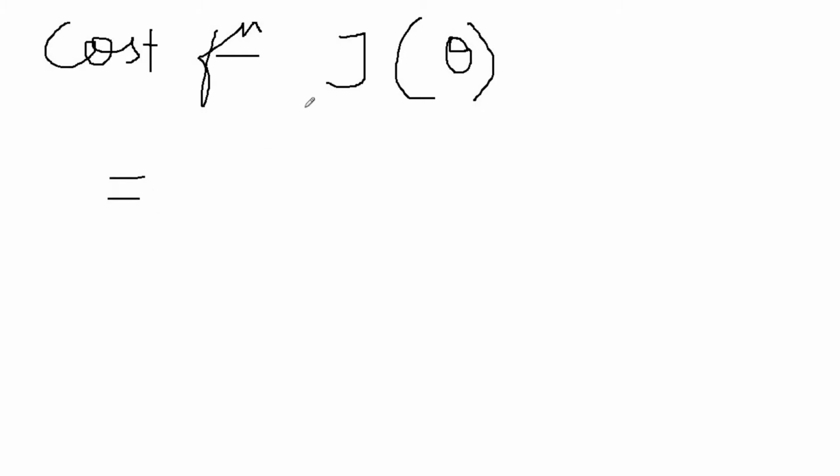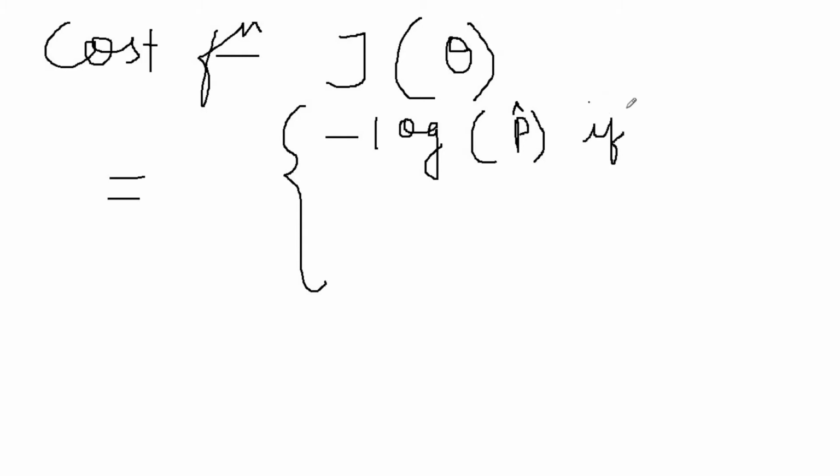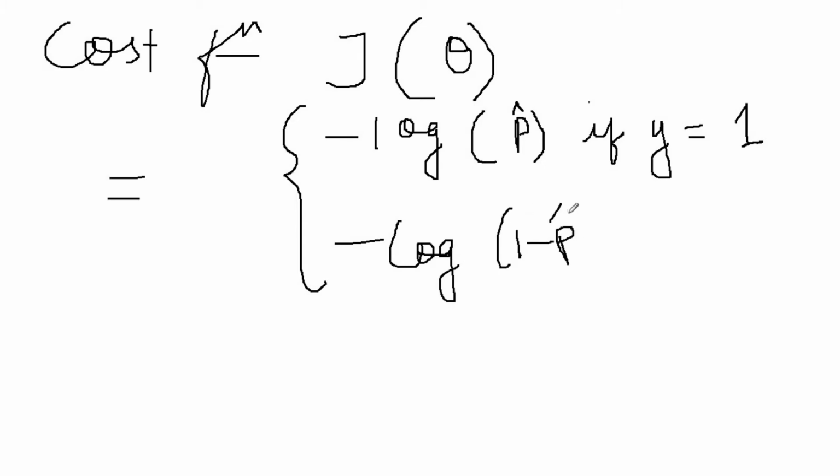So the cost function for logistic regression can be written as j theta is equal to minus log p, where p is the predicted probability, if y is equal to 1, and minus log 1 minus p, if y is equal to 0.